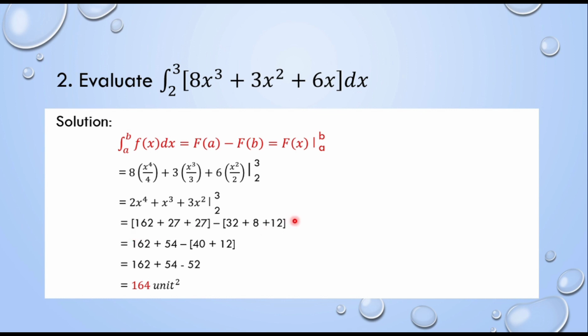Then add the same signs. We have 162 plus 54 minus 40 plus 12. Then we have 162 plus 54 minus 40 plus 12 is equal to 52. Then simplify. We have the result 164 units squared.